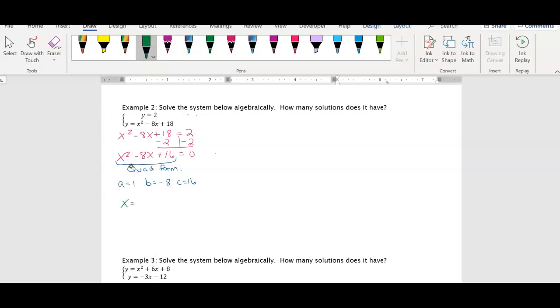So I have x equals opposite sign of b, so 8 plus or minus the square root, negative 8 in the parenthesis for your b value, minus 4 times a, which is 1, times c, which is 16, all over 2 times a, which is 1. So now I need to put that in the calculator, the part underneath the square root, and see what that equals.